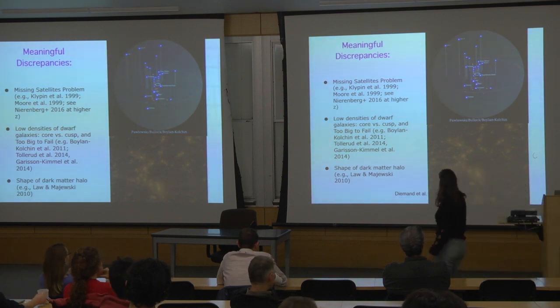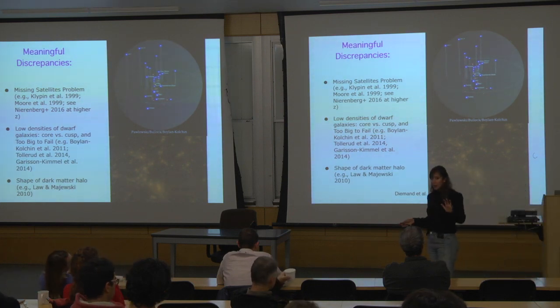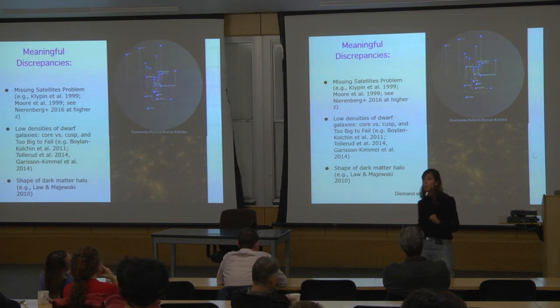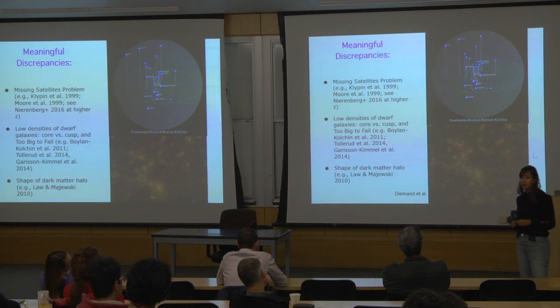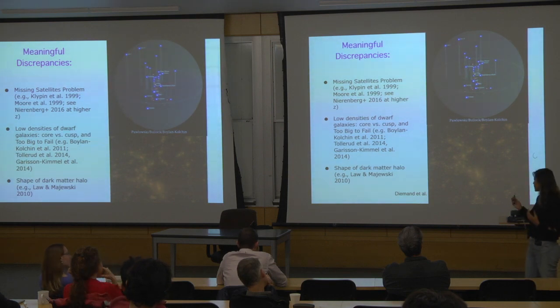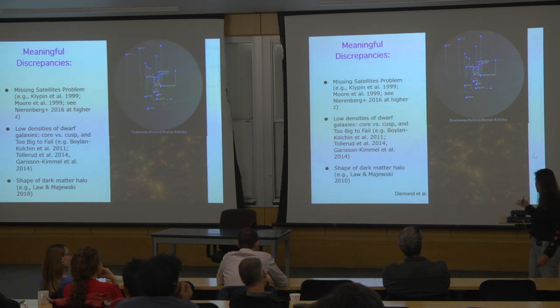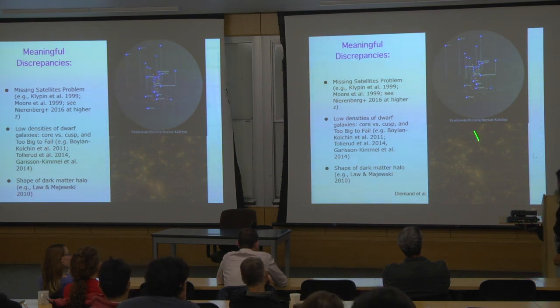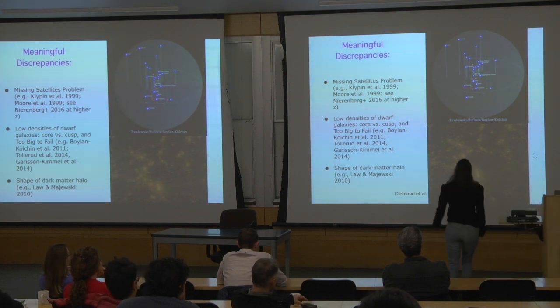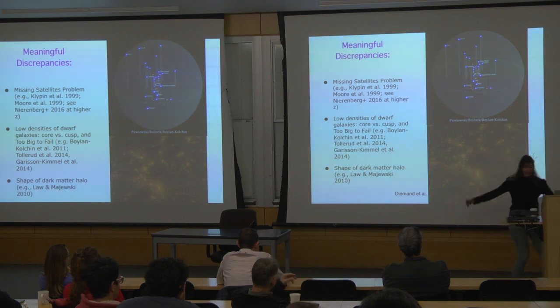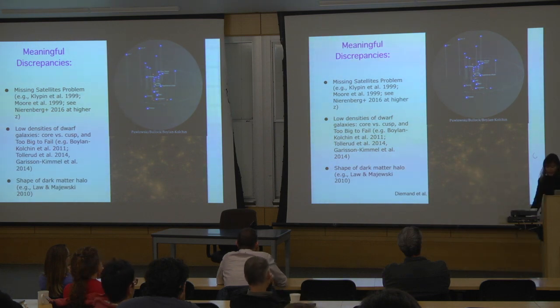Whereas, again, measurements are few and far between, but the measurements that we do have of the shape of the dark matter profile of the Milky Way tend to want something much more spherical. Okay, so we're not actually measuring these extremely triaxial, lumpy underlying profiles. So this is a ripe set of problems to attack.